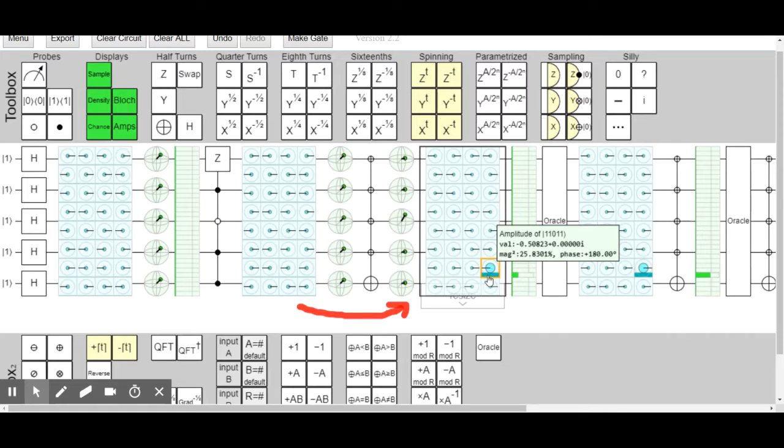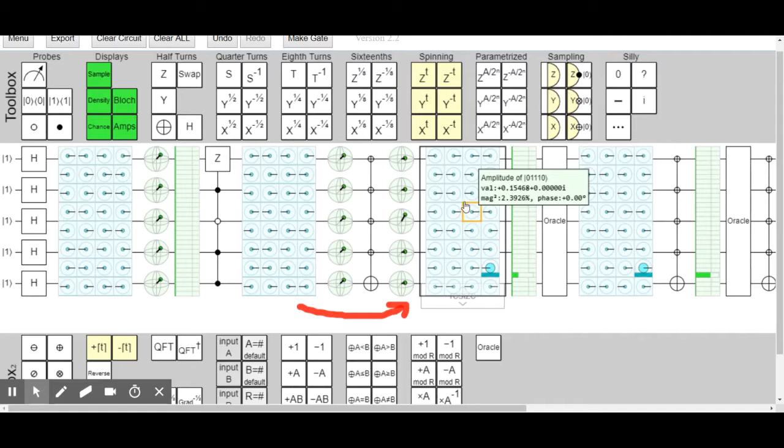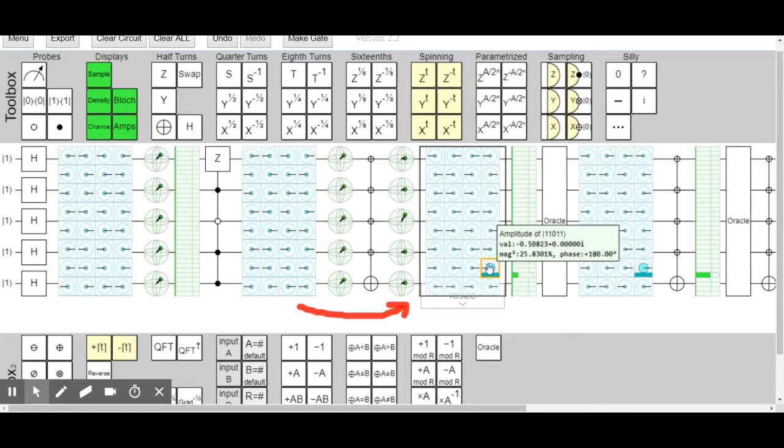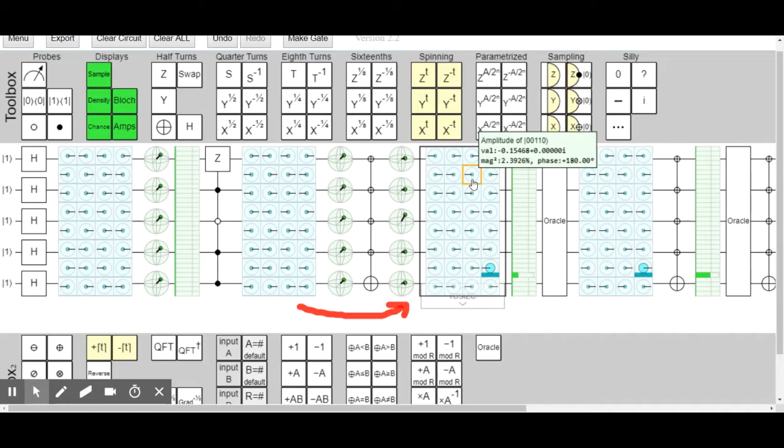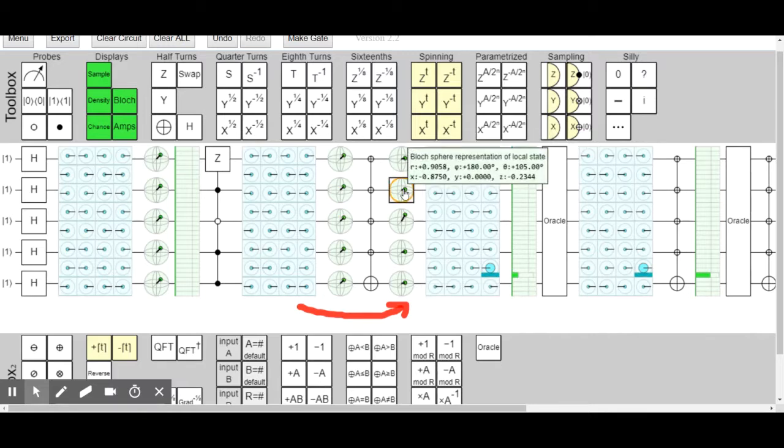This amplitude must come from somewhere, and as you see, the magnitudes of the other ones are smaller. This is what I'm trying to figure out, because the Hadamards are not visible in the picture anymore, and that's causing me a little bit of brain pain right now. Trying to reason out loud.